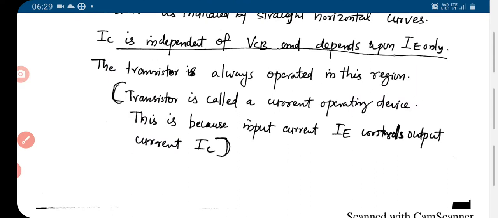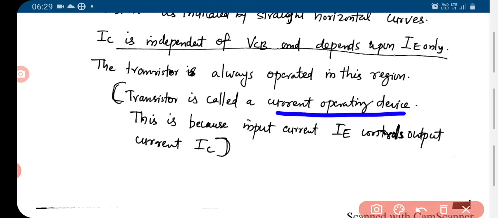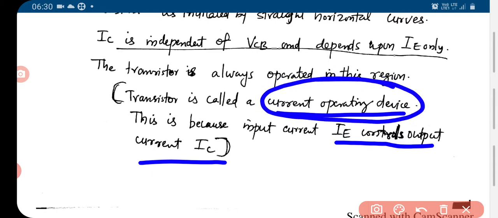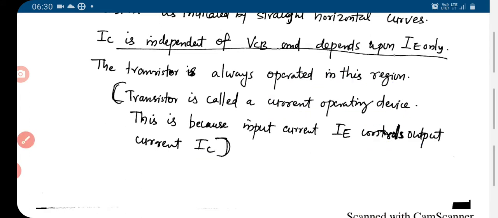And the transistor is called a current operating device. This is because the input current IE controls the output current IC. So depending upon the IE, we have the different constant IC values. So the transistor is called a current operating device when it is operating in this region.